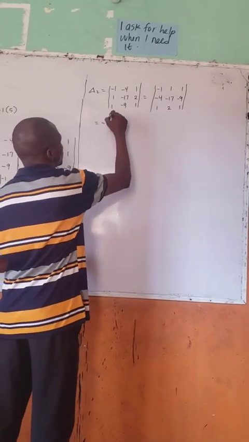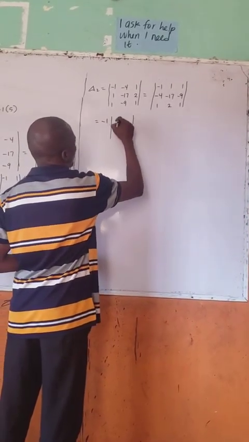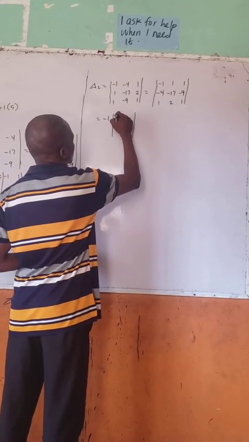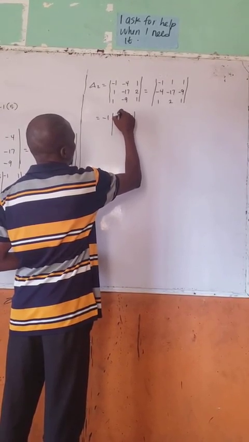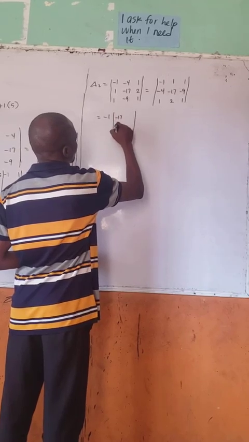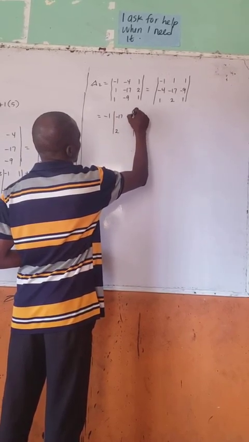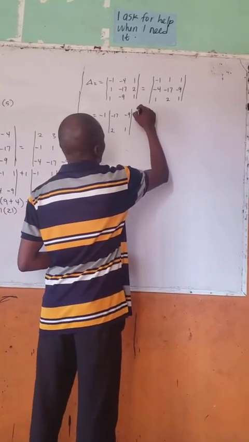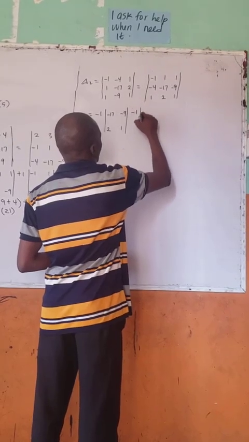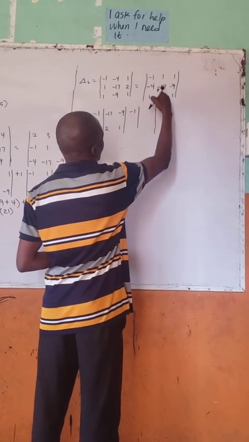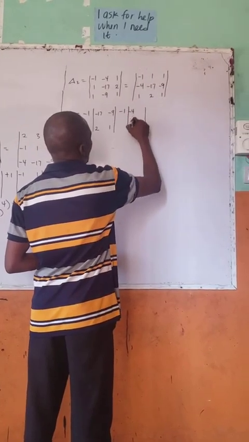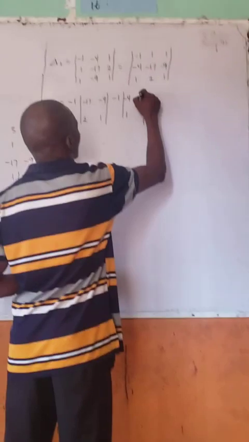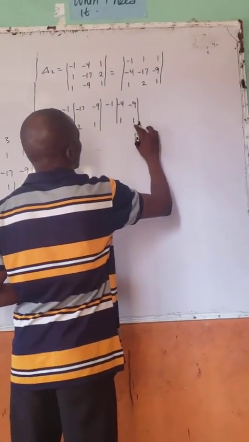So let's look for the determinant of the transpose. From here we have 1 into minus 17, 2, minus 9, 1. Then minus 1 into minus 4, 1, minus 9, 1.